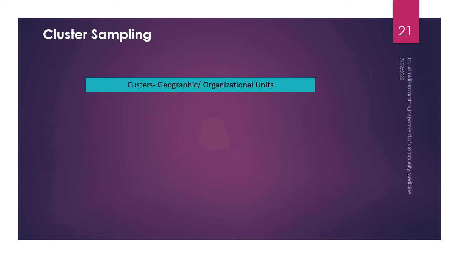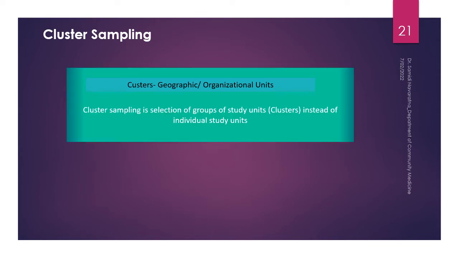So those are the clusters that I can think of, but there are many more. Having understood what a cluster is, let's move on to the definition. Cluster sampling is selection of groups of study units, which are also known as clusters, instead of individual study units. So we are taking groups of study units.